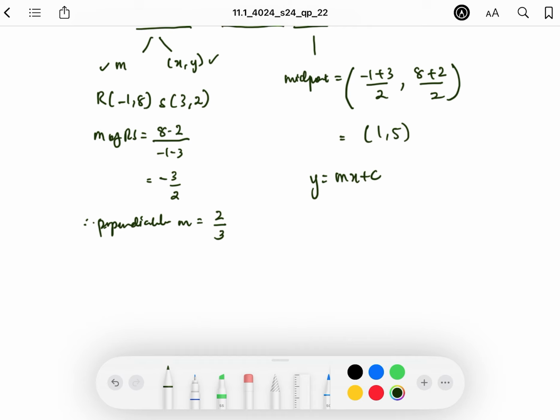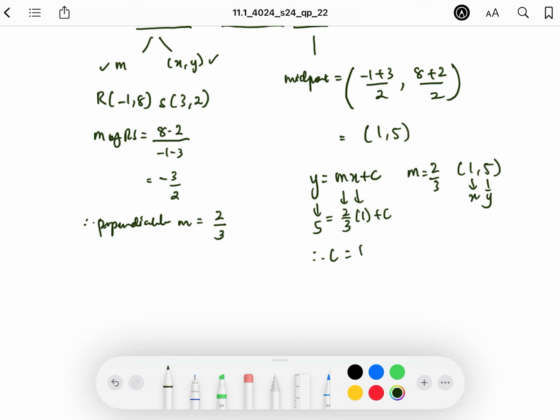Gradient is 2 over 3, and the coordinates 1, 5. That's your x and that's your y. So your y is 5, m is 2/3, your x is 1. Use your calculator and then simplify it.